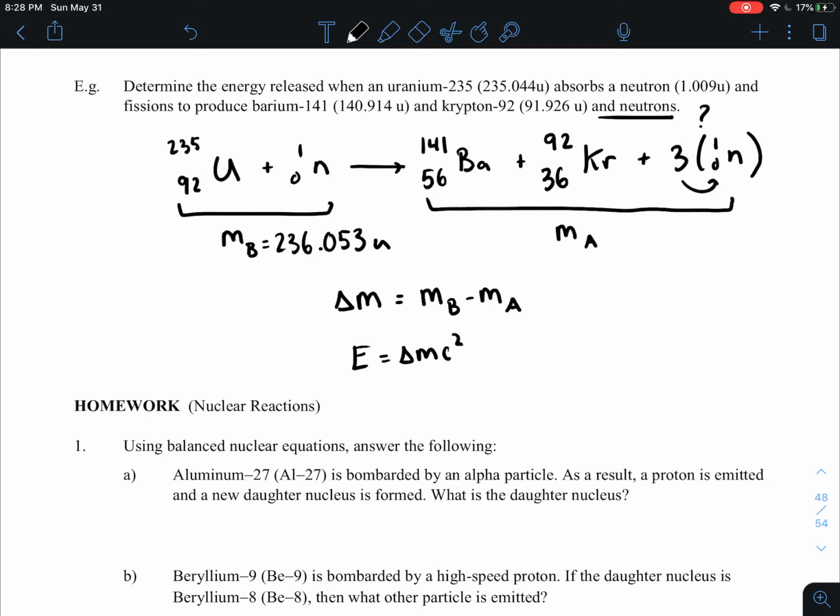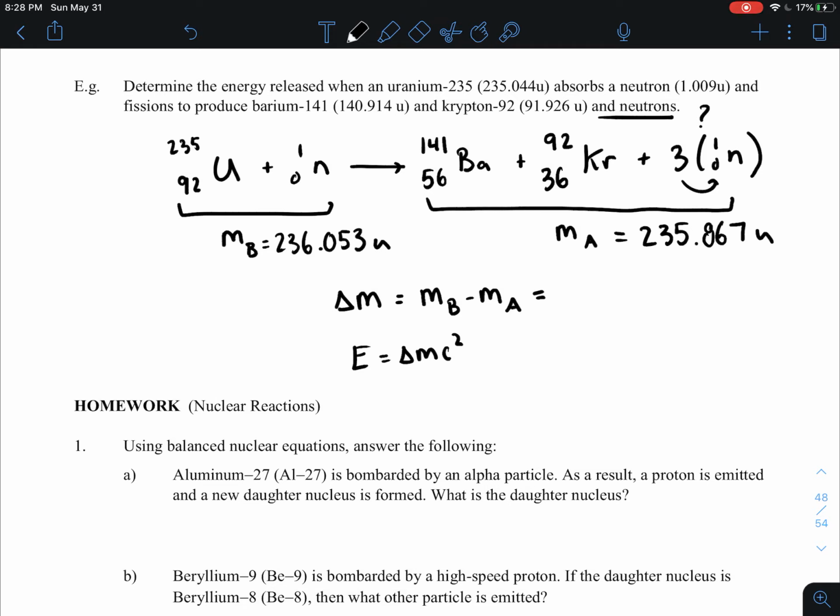So make sure you multiply this by 3. And the mass after gives me 235.867 u. Once again, I mentioned that before is going to have more than after, which is good.